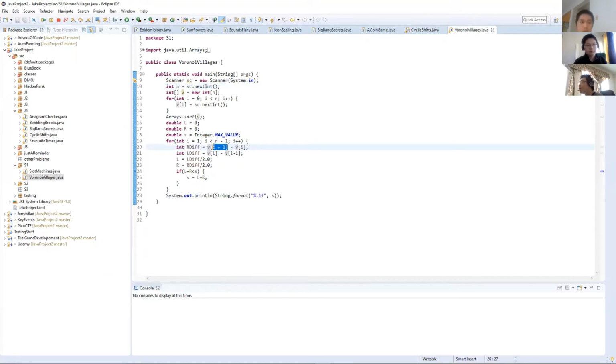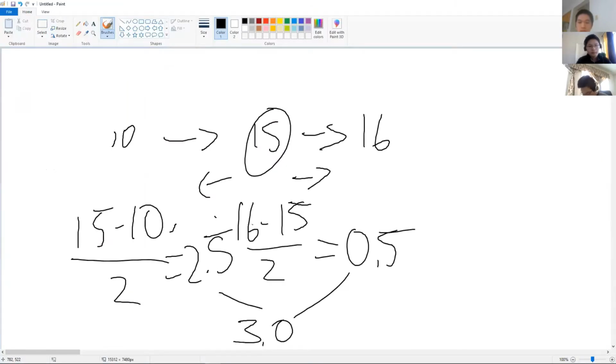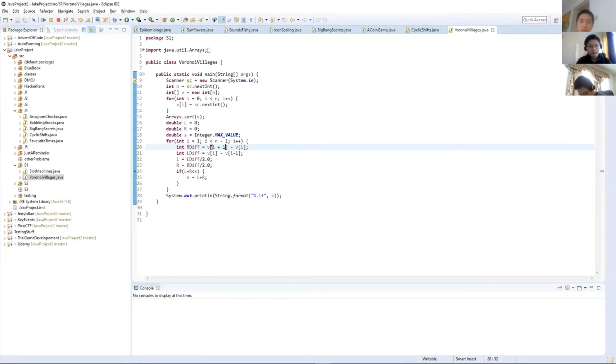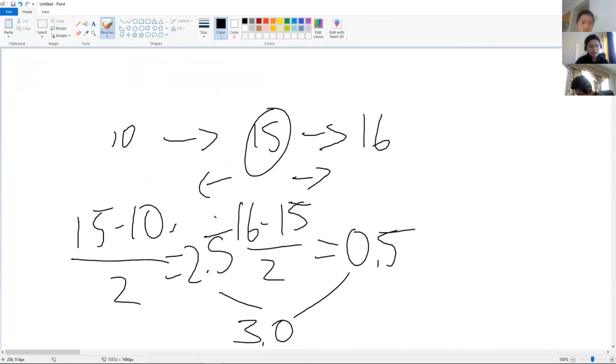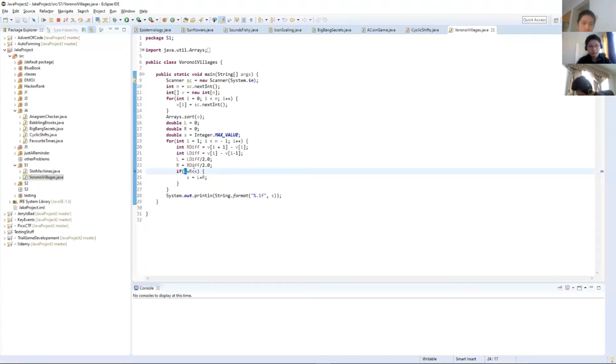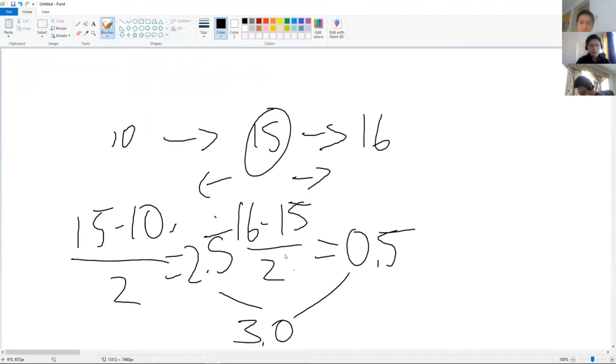You find v_i+1, which is 16, minus v_i, which is 15 in this particular case, and then you get your rightmost difference, and then you divide it by 2, and then you add it with your leftmost difference, which is v_i minus v_i-1, v_i is 15, v_i-1 is 10, and then you divide that by 2, you add L and R together, and if it's smaller than your smallest, then you'll get your answer.